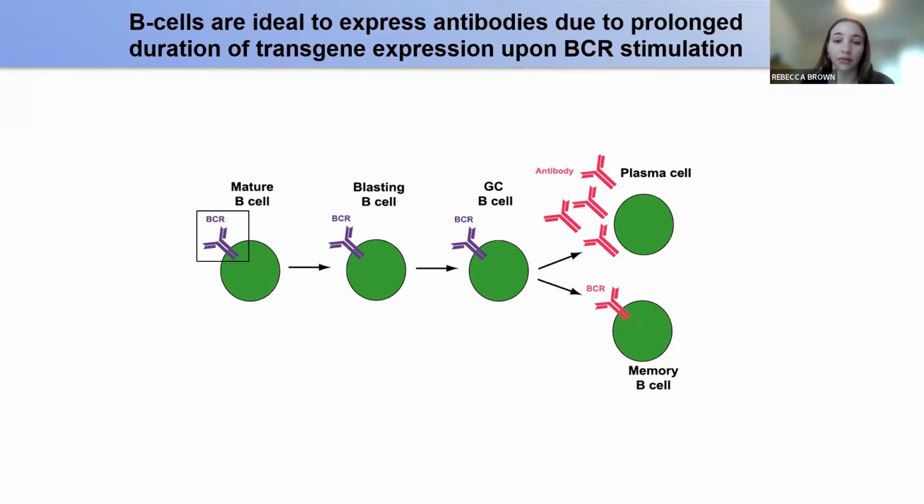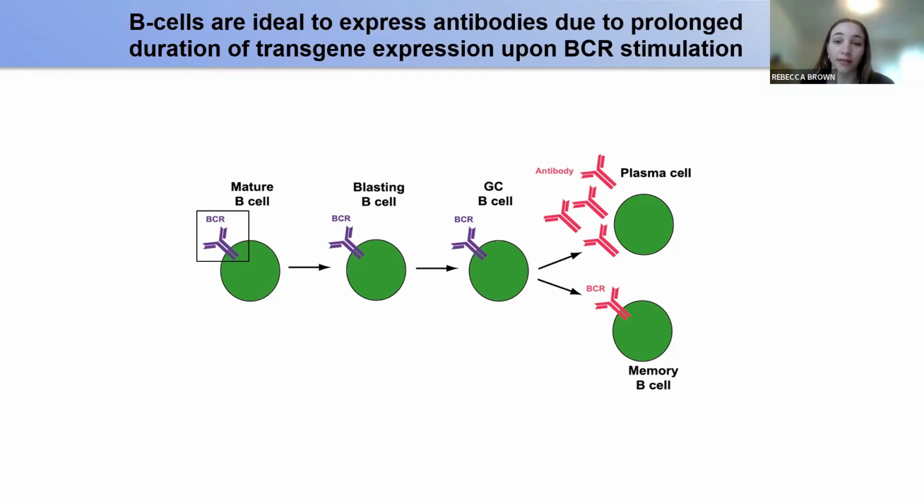So when it encounters the target antigen again, it can proliferate and differentiate into plasma cells and secrete more antibodies for antiviral effects. So if we can target a lentiviral vector to a B cell, and within that lentiviral vector, we express a transgene for a B cell receptor and antibody against a target viral antigen, then once these B cells get transduced, they will express the B cell receptor against that viral antigen.